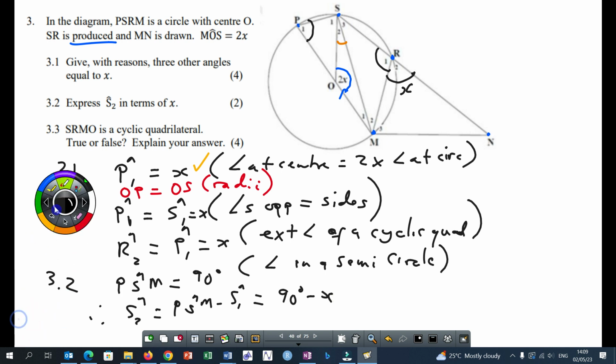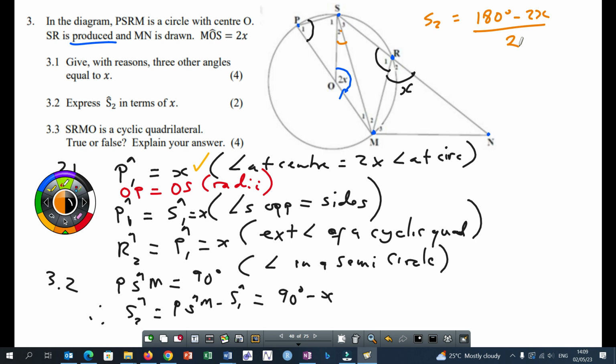Another way, which is a longer way, is to subtract 2x from 180. And then you divide the answer by 2 because M1 is equal to what? M2. So it will be like this. S2 will be equal to 180 minus 2x all over 2. Please, I'm just giving you a shortcut, but there's a proper way that you have to write.